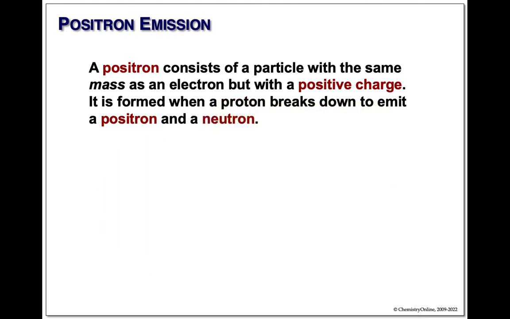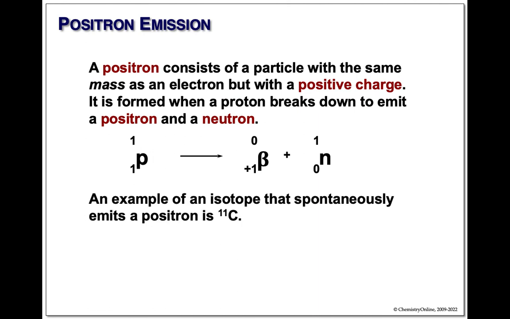This is the way you actually would write it. Proton, positron, neutron. In order to make the equation balance, the mass number on the positron must be +1. An element that does it is carbon-11. Here's the positron, forms boron-11.